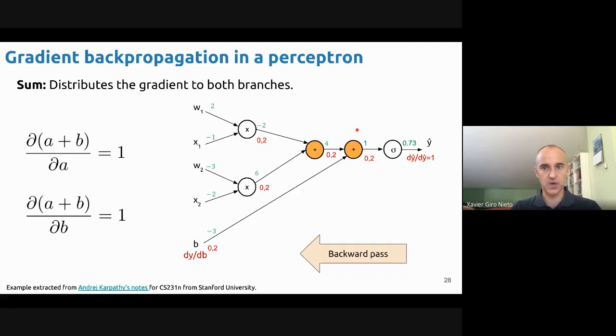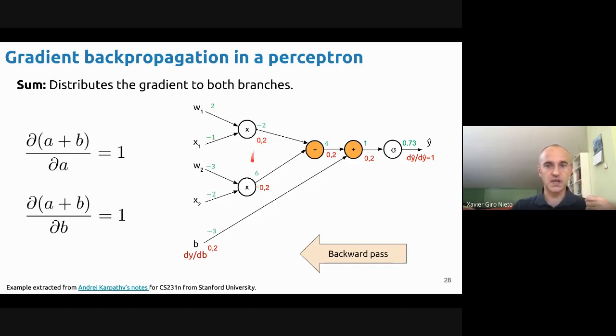Remember that what you're doing is always taking the gradient and multiplying it by the value of the derivative at this point. When we have a sum, the derivative is always 1, so 0.2 multiplied by 1 is 0.2 here, and 0.2 over here. It stays the same.